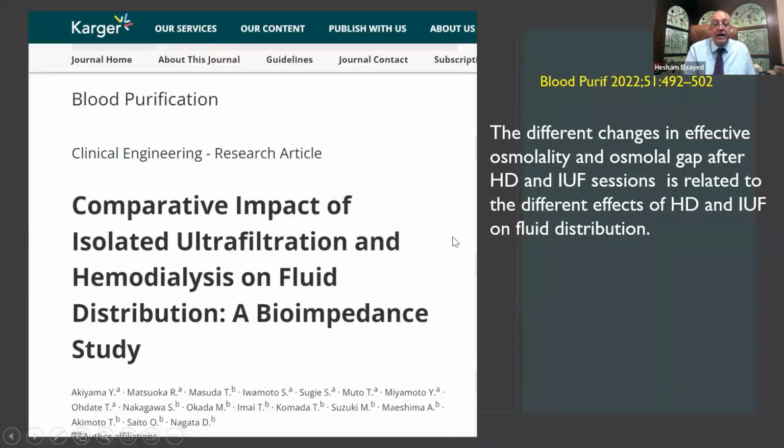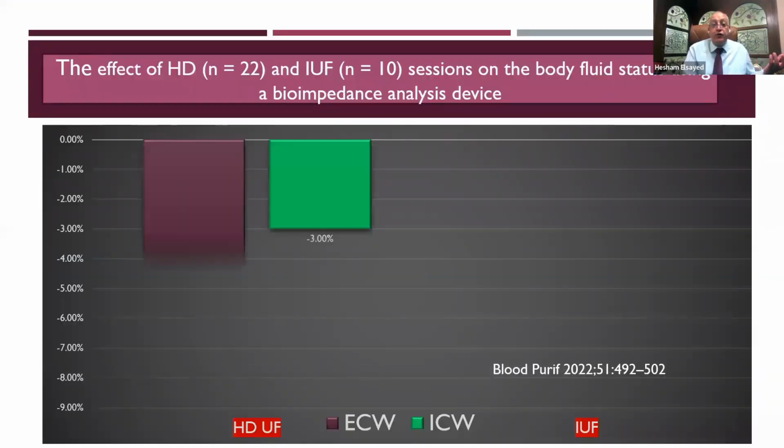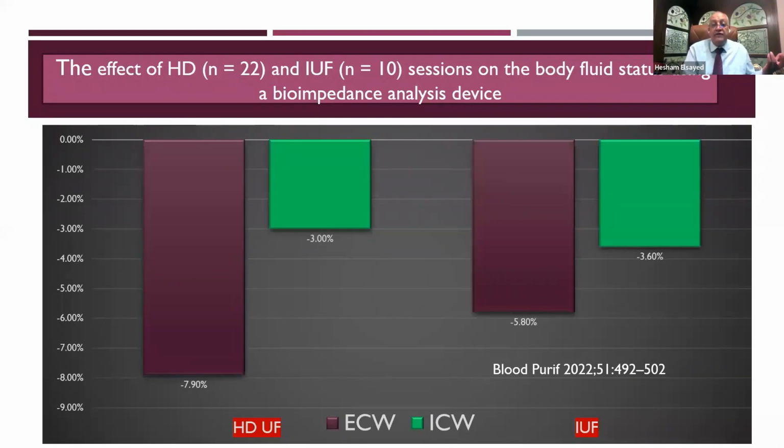So for the comparative impact of isolated ultrafiltration and hemodialysis on fluid distribution and bioimpedance, if you look at this study, you can find that if you are using just isolated ultrafiltration, you can remove 5% of the extracellular water and 3.6% of intracellular water.